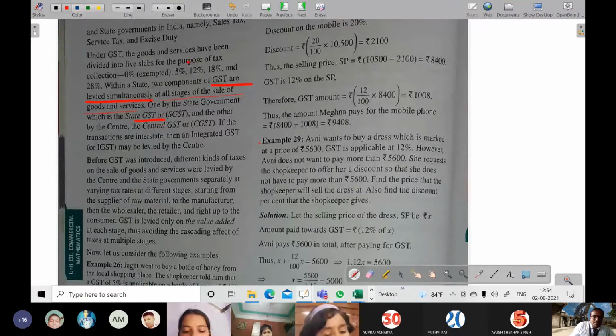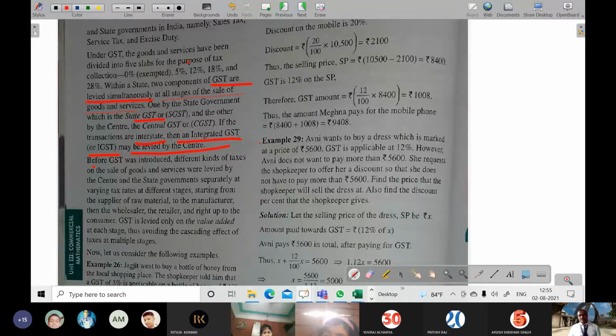If transactions are interstate, then an integrated GST, IGST, may be levied by the center. Getting it?